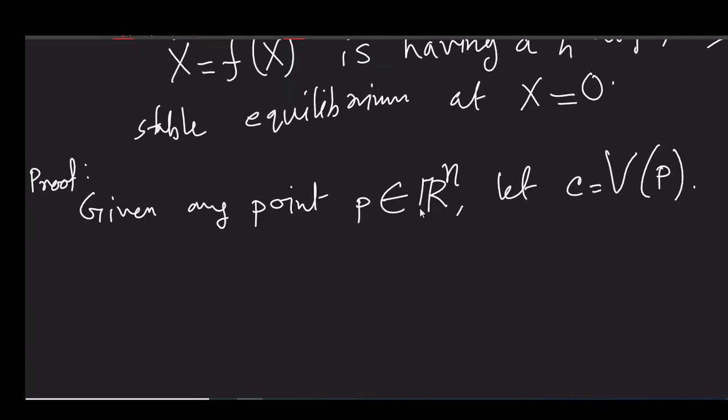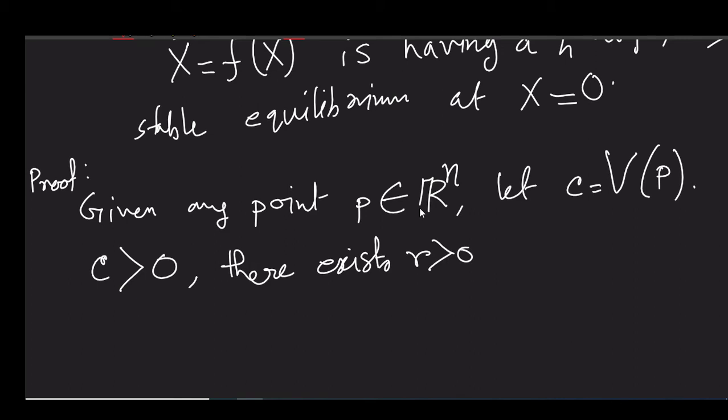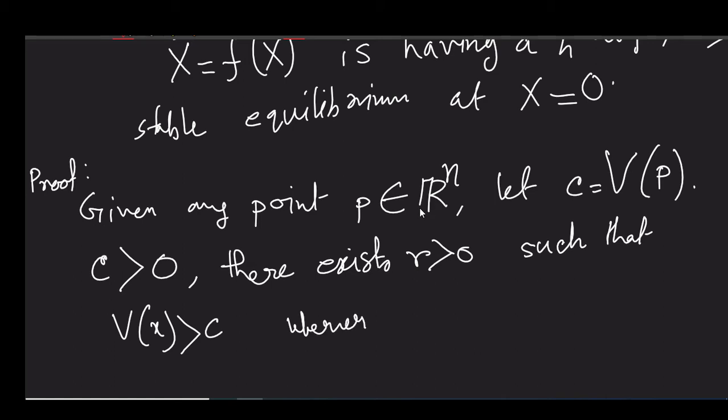So this condition implies that for any c greater than 0 there exists r greater than 0 such that V(x) is greater than c whenever norm x is greater than r.